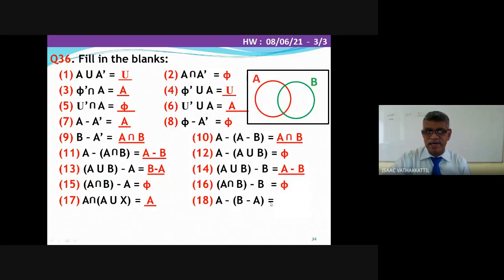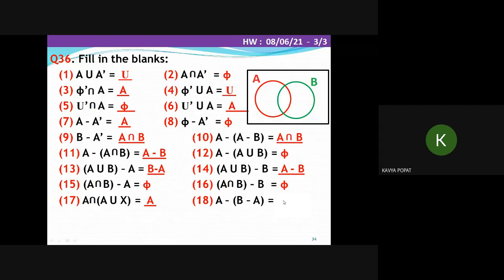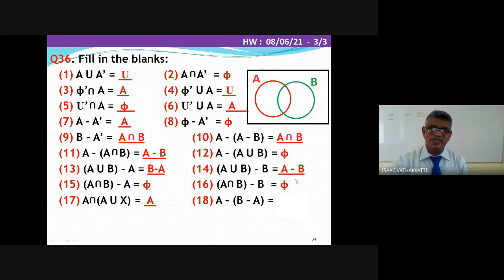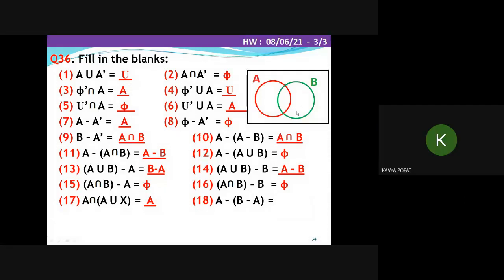Tell me what is A minus B minus A? It will be B minus A. B intersection A. What is the portion B minus A? You have told 3 answers, one of which is correct.